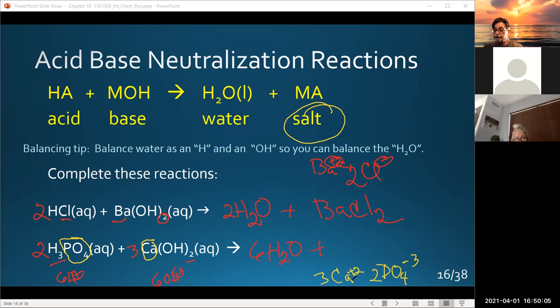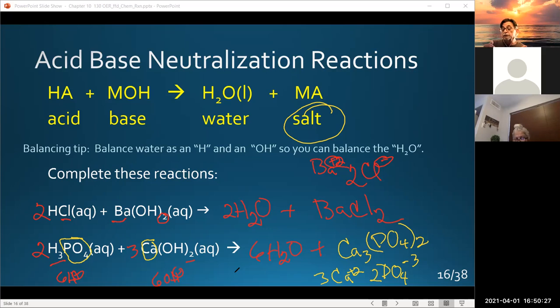So I need 3 calcium and 2 phosphates. So I can write the formula as Ca3 parentheses, because I need 2 of my phosphates. Okay. And so now I got my formula.